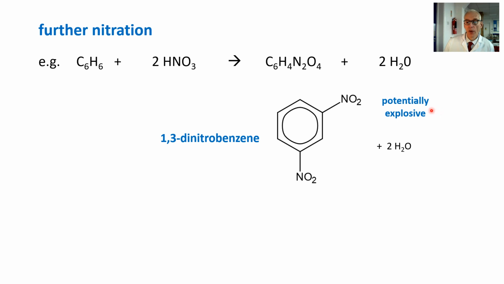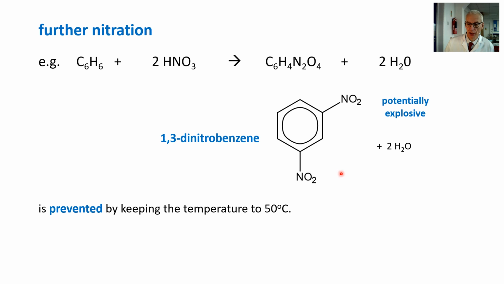So to avoid the potential production of dinitro and trinitro products in the nitration of benzene in the school laboratory, we carefully control the temperature to 50 degrees Celsius. Temperatures above 50 may produce small quantities of the di and tri substituted product. So we prevent that by keeping the temperature to 50 degrees Celsius. So further nitration is prevented by careful control of the temperature.